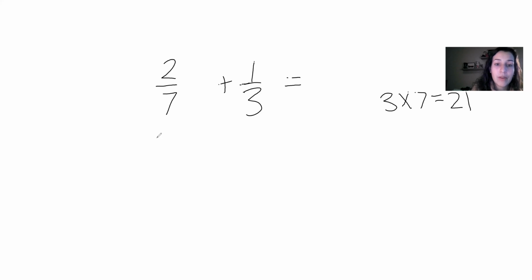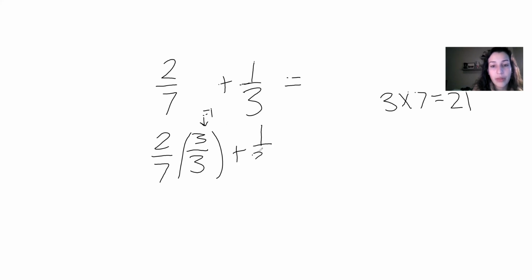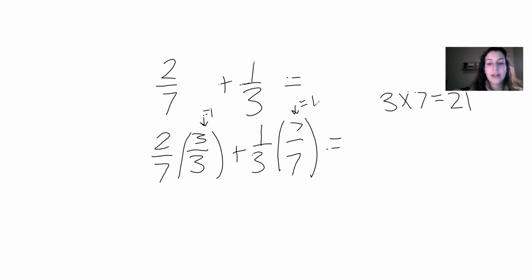So for our first term, 2/7, we're going to want to multiply that by 3/3, which, as a reminder, is just equal to 1. And then for our 1/3, we're going to want to multiply that by 7/7, which is also just equal to 1. We are doing it this way because both of these results will get us 21 in the denominator.